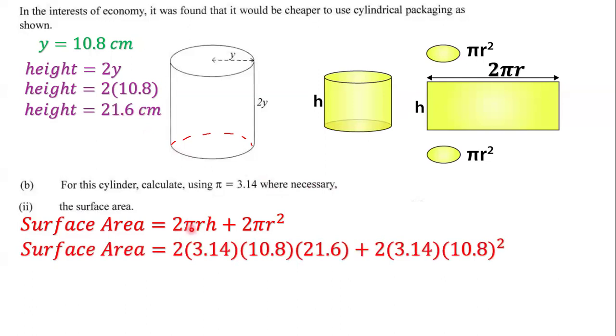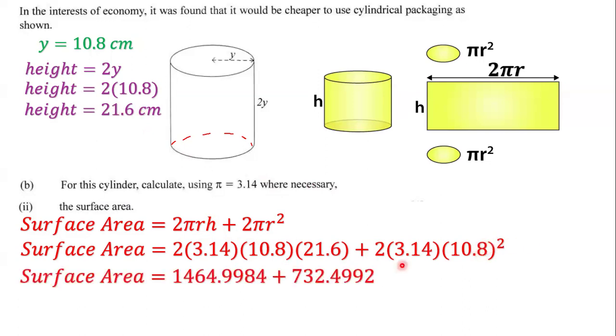Now let's substitute. Pi is 3.14, r is 10.8, that's the radius, and h is the height, which is 21.6. And we add that to 2 times pi, which is 3.14, times the radius squared, so 10.8 squared. Let's simplify. We have 2 times 3.14 times 10.8 times 21.6, and that gives us 1,464.9984.